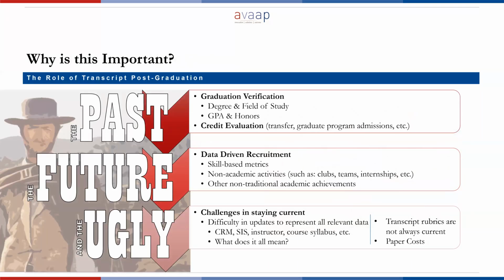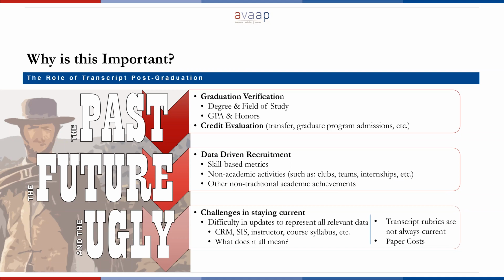So, whoop-de-doo, why does that all matter? It matters because transcripts are used for many different ends. In the past, and today to a large extent, transcripts are used for students to get degree and field of study verifications, have their GPA and honors verified by potential employers, and have their coursework evaluated by graduate or transfer institutions.